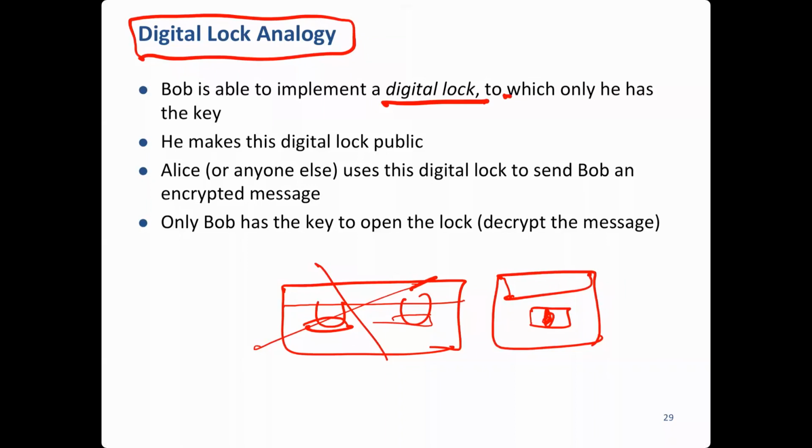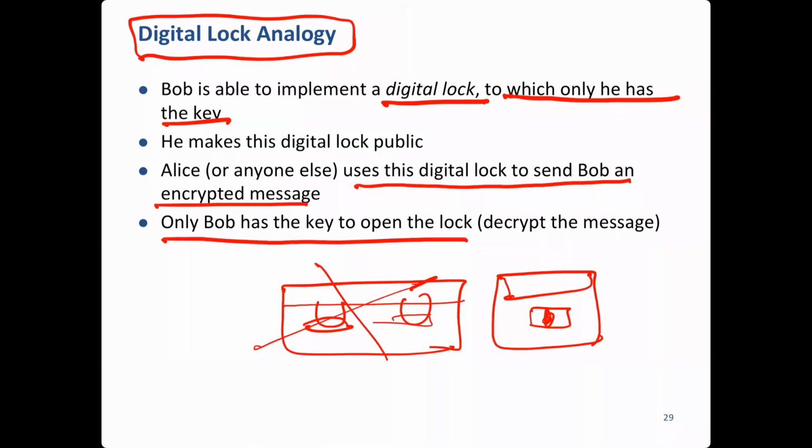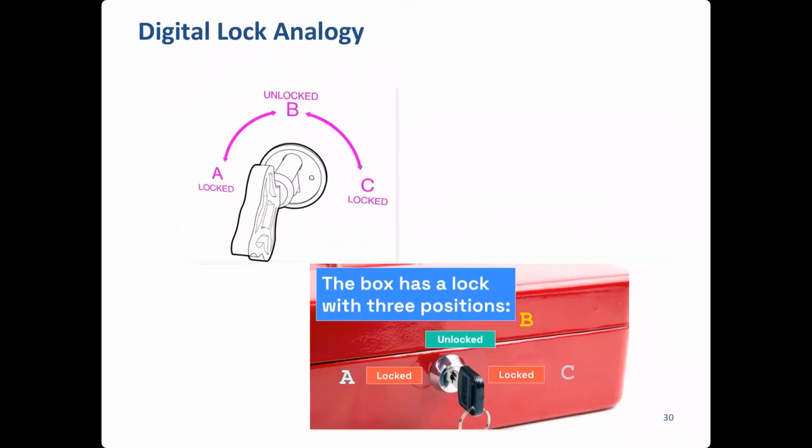Okay, so Bob is able to implement a digital lock which only he has the key to unlock. But anybody, Alice for example, uses this lock to encrypt a message to send to Bob. So only Bob can open the box, but anybody can close the box. So it's like this. This is a lock which has three positions, A, B and C. B is unlocked, right? You can open this cover.